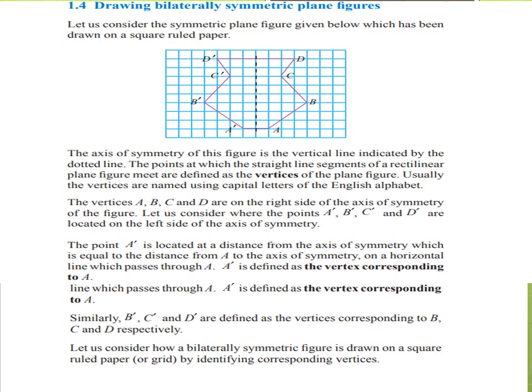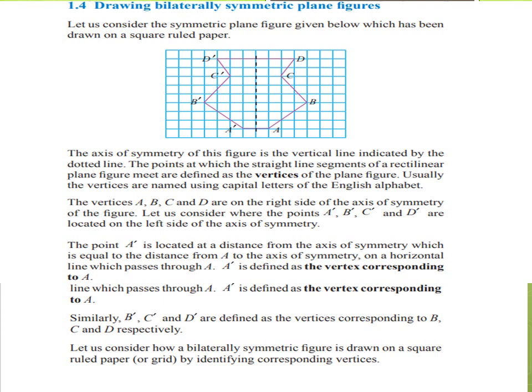Let us consider how a bilateral symmetric figure is drawn on a square ruled paper or grid by identifying corresponding vertices. So, in 1.4, let us consider the symmetric plane figures given below, which has been drawn on a square ruled paper.